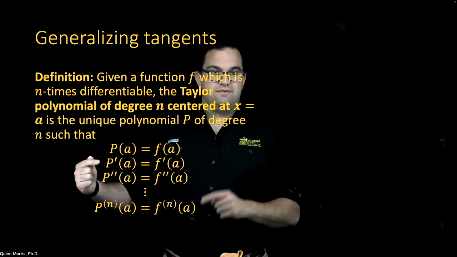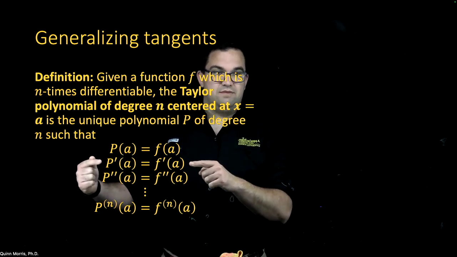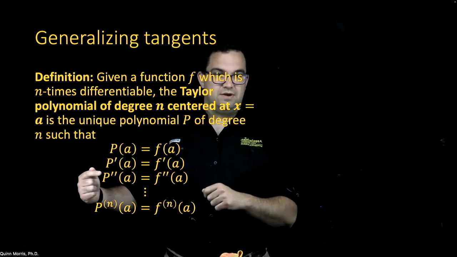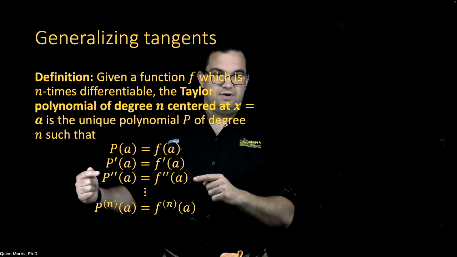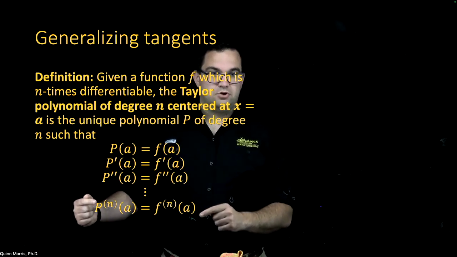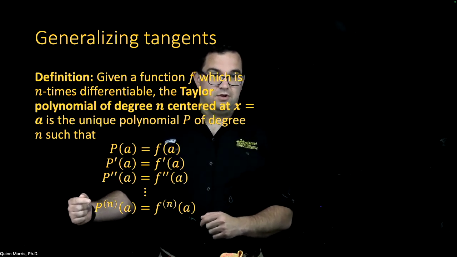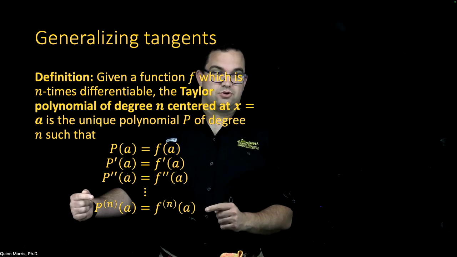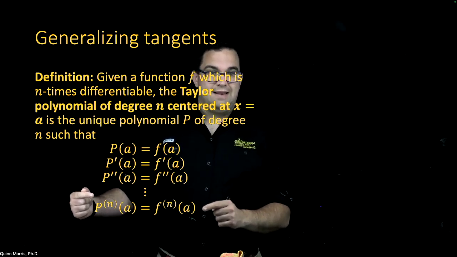I want the first derivative of my polynomial and the first derivative of my function to be equal at a. I want the second derivative of my polynomial and the second derivative of my function to be equal at a, all the way up to the nth derivative of my polynomial and the nth derivative of my function being equal at a.